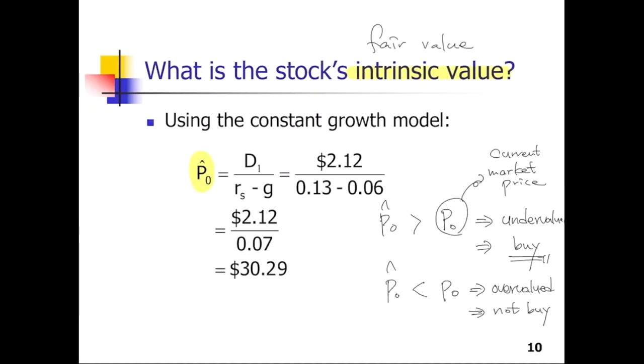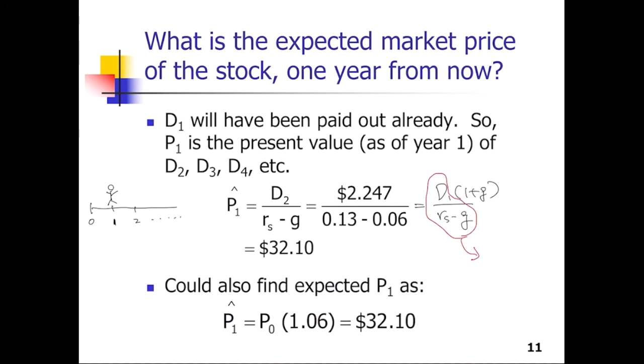Rs minus G, the numerator D1, right? This is P0 hat. But in this case, we already know the number P0, because we stand here, right? So we cannot take the hat. So finally, this equation can be P0 multiplied by 1 plus G, right?